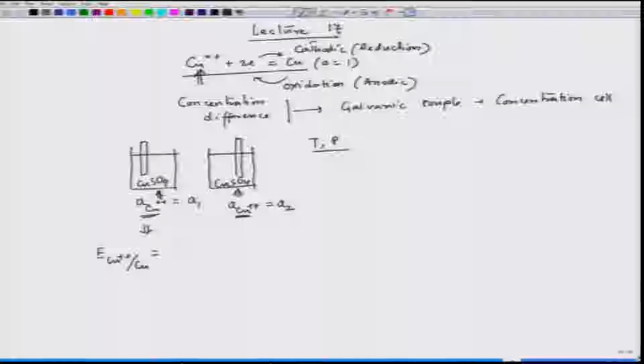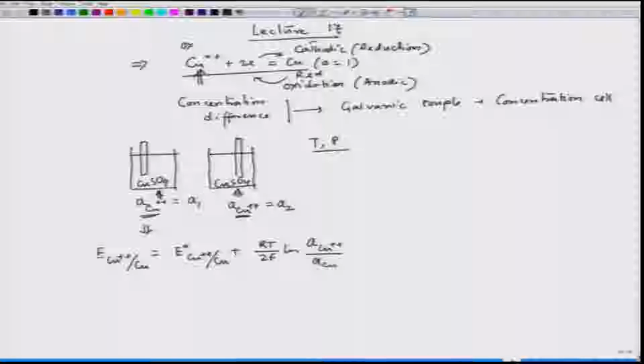same as oxidant slash reductant, equal to E0 copper plus plus slash copper plus RT by 2F ln of A of copper plus plus by A of copper, because in this reaction this is oxidant and this is reductant.